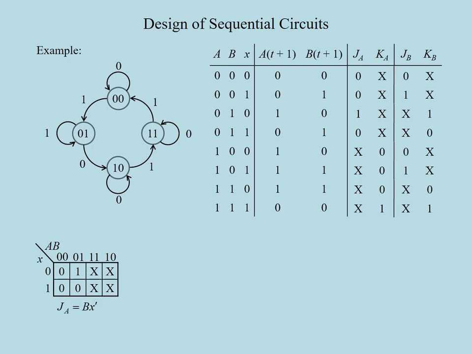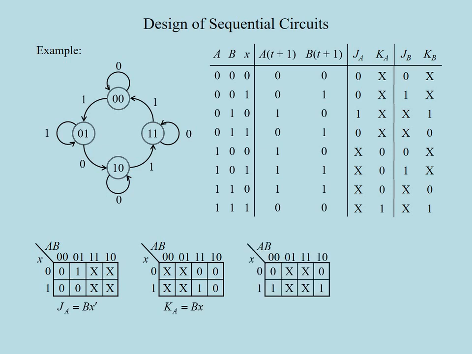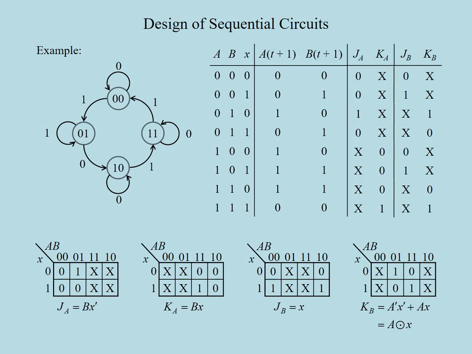JA can be reduced to BX'. The Karnaugh map of KA results in KA equals BX. Also, it turns out that JB equals X and KB can be simplified as A XNOR X. Thanks to the abundance of don't care conditions, we ended up with quite simple expressions.